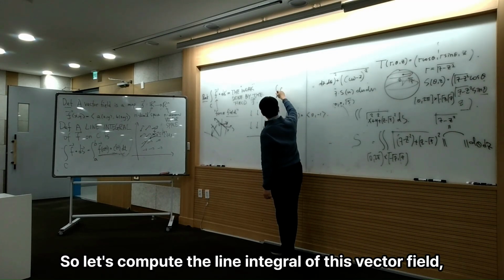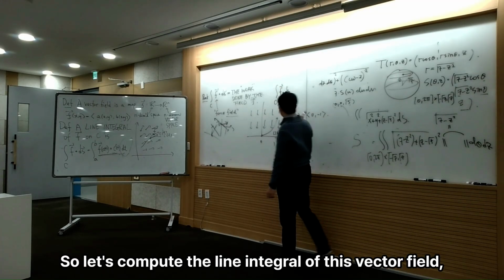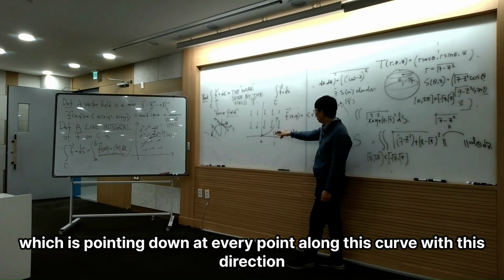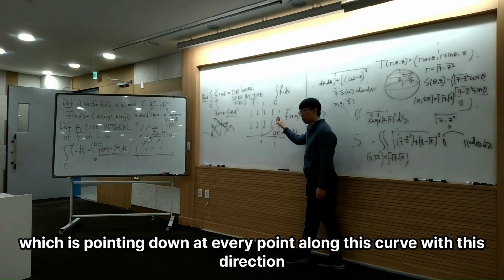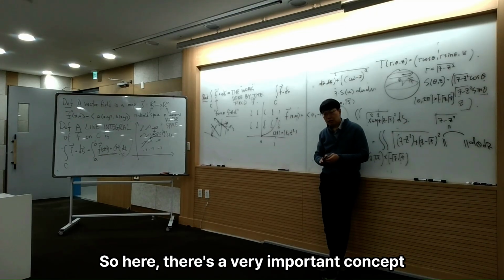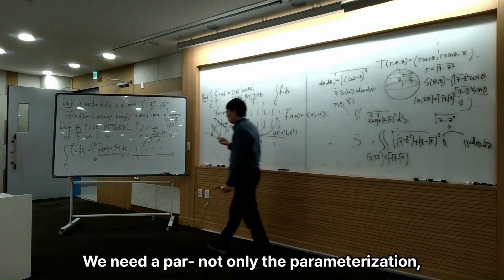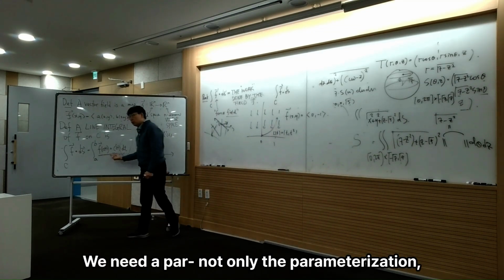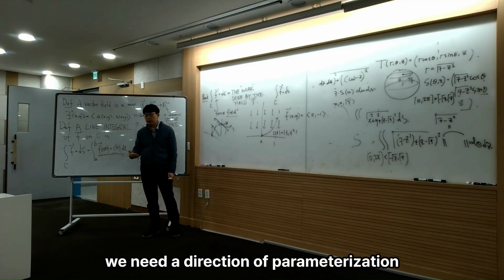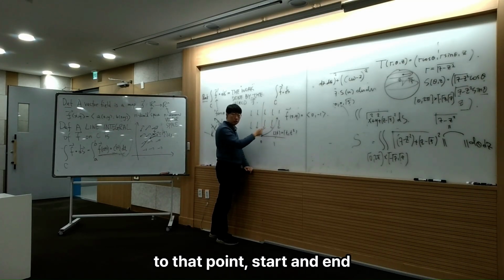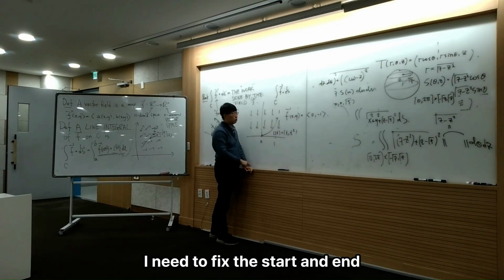Let's compute the line integral of this vector field, which points down at every point along this curve with this direction. Here there's a very important concept which is different from the line integral of a real-valued function. We need not only the parameterization, we need a direction of parameterization. Here I'm taking the direction from this point to that point, start and end. I need to fix the start and end.